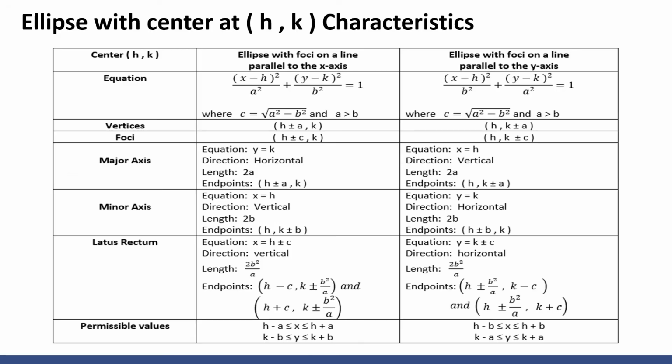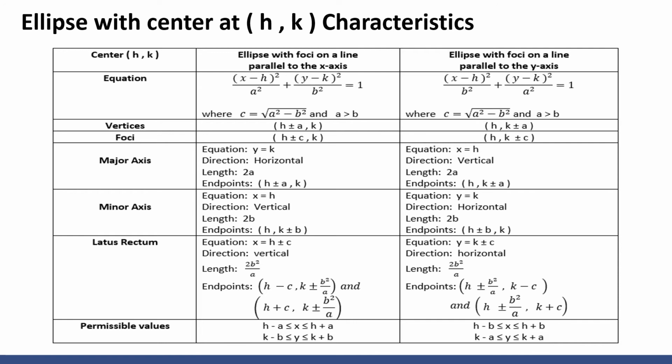This time, tingnan naman natin yung characteristics of an ellipse with center at h, k. Siyempre pa, meron pa rin tayong two equations na pwedeng maging pattern. One is an ellipse with foci on a line parallel to the x-axis, and the other is an ellipse with foci on a line parallel to the y-axis. Kanina, it is simply x squared over a squared plus y squared over b squared equals 1.